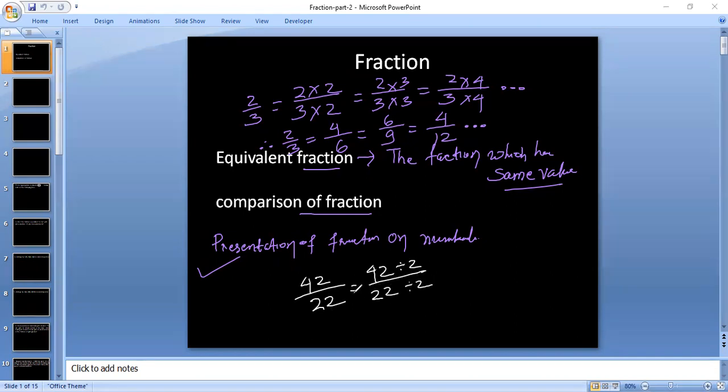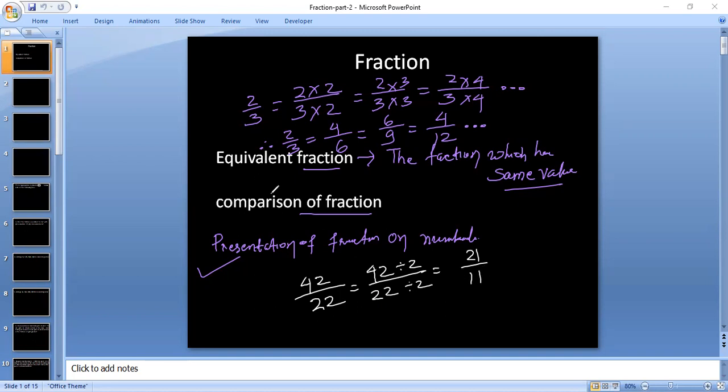Yes or no? So it will be 21 by 11. That means the value of 42 by 22 is equal to 21 by 11.